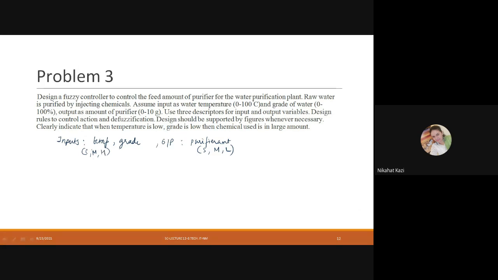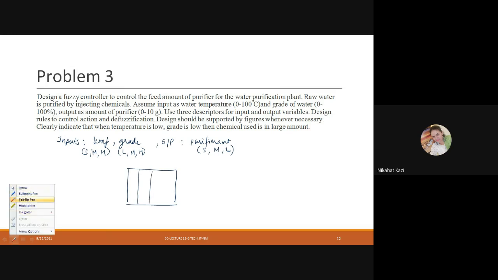Okay. And this grade could be low, medium, high grade. Okay. So if you are designing your rule base, you're looking at all combinations, including both inputs. So how many rules will you have? 9. 9.